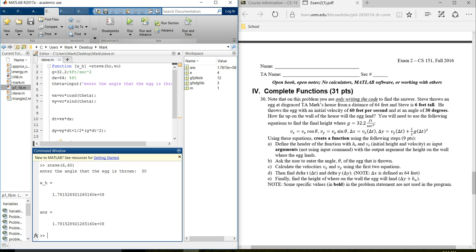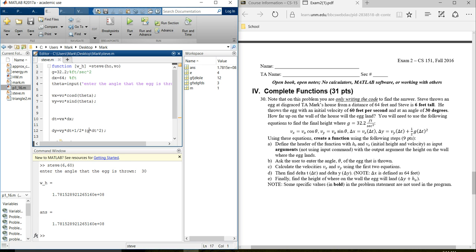I don't know how tall my house is. But I might have made a mistake on this, because it's saying that he's hitting my house at... I guess I have a really tall house. Oh, I know where I went wrong. I'm sorry, I lied to you guys. G should be negative.